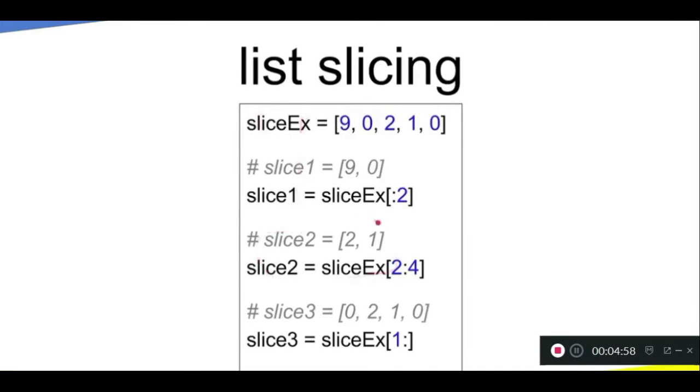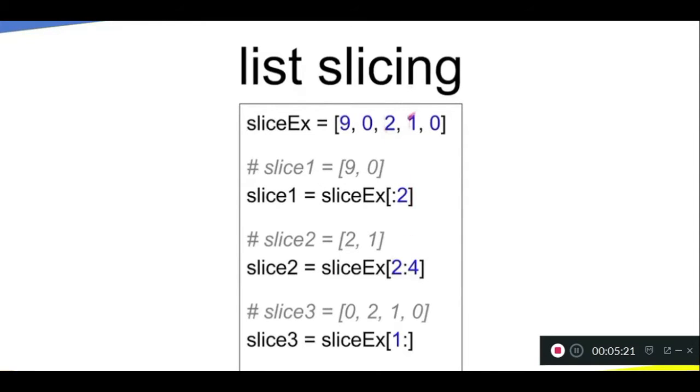Now coming to slice 2, example 2, here we can see that the slice example variable is being used, from which we are taking from the second element till the fourth element. The fourth element would not be included, and so it would give us the second element and the third element, that would be 2 and 1.